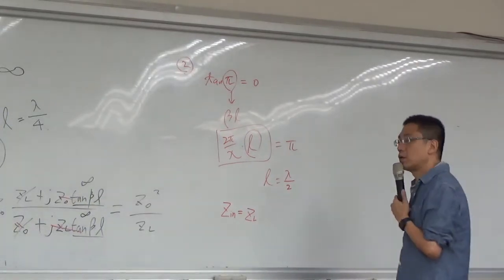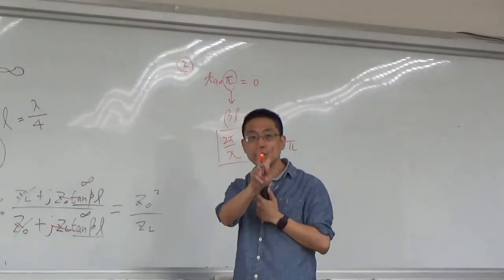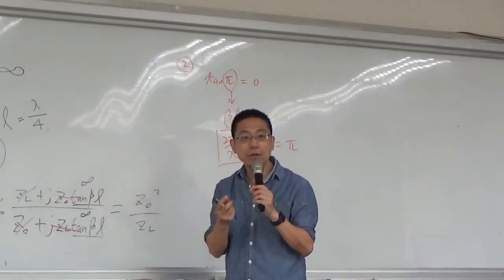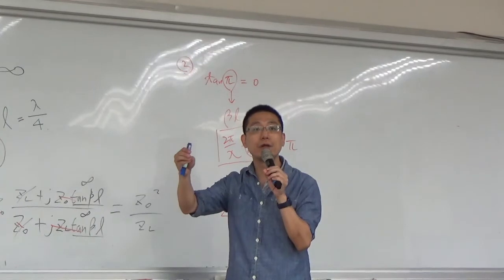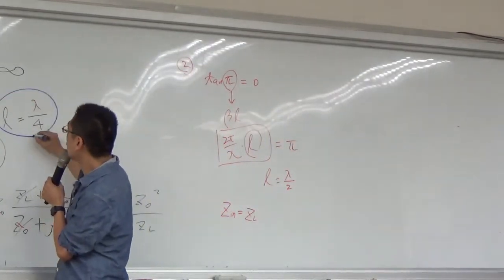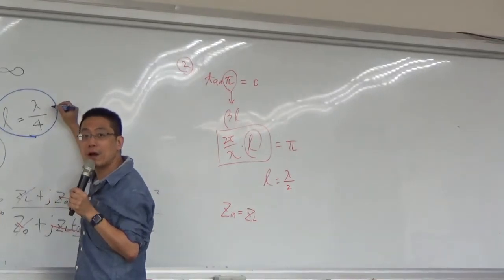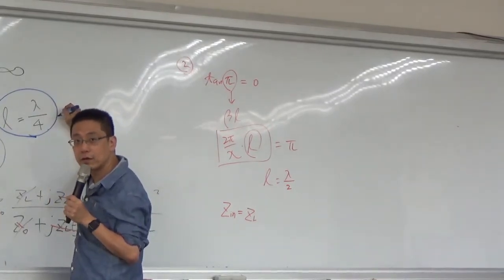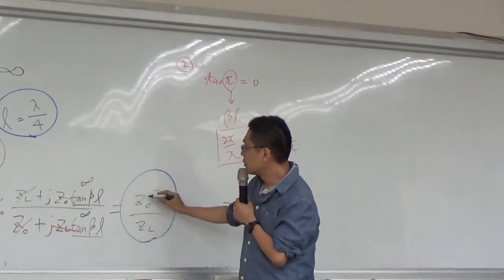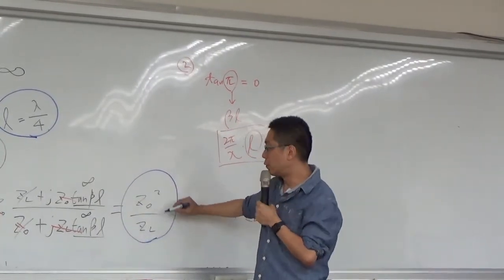So you can obtain two results. If the length of your transmission line is lambda over 4, your input impedance will become Z0 squared over ZL.